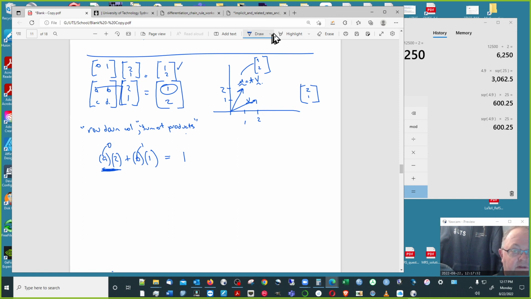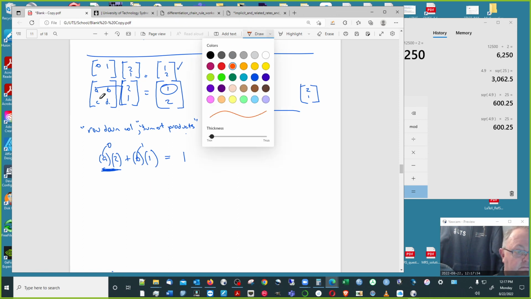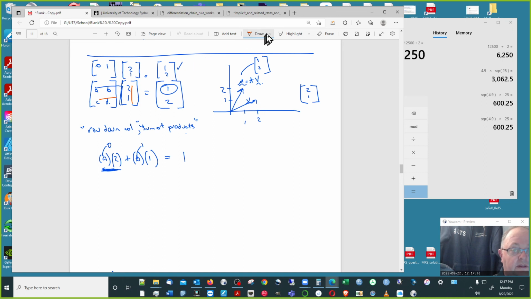Alright, row down column is going to be C times 2, sum of products, D times 1. And I want it this time to be 2. So what's a good C and D to use?